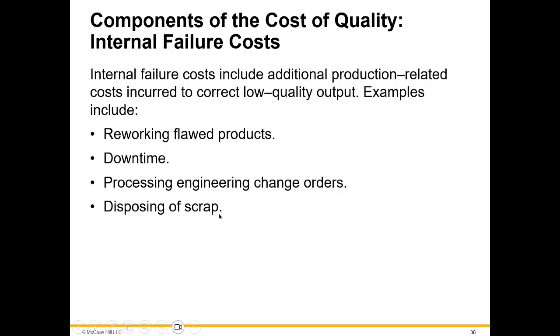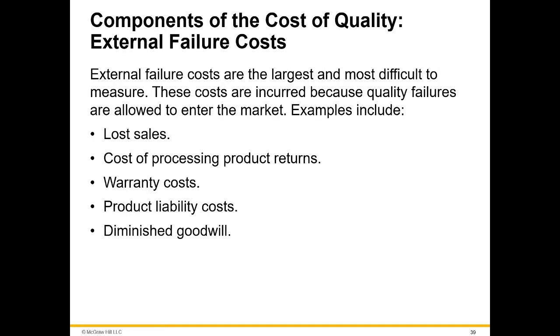Okay, so that'd be the internal. And how about the external? Well, if we don't make high quality products, we're not going to be able to sell them. We've got to now process the returns. We've got to pay for warranties, product liability costs, and diminished goodwill with our customers. So we can see what those costs look like.